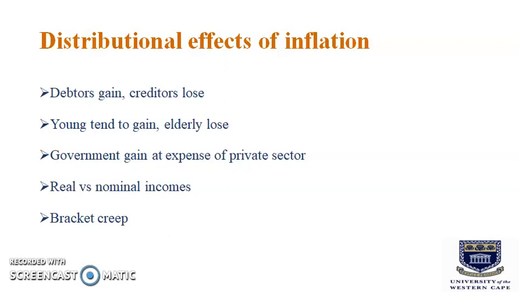Suppose from 2010 up until 2020, inflation has risen by 33%. Therefore, in nominal terms, you did receive your 5,000 Rand in 2020. However, in real terms, you have received 3,759.40.